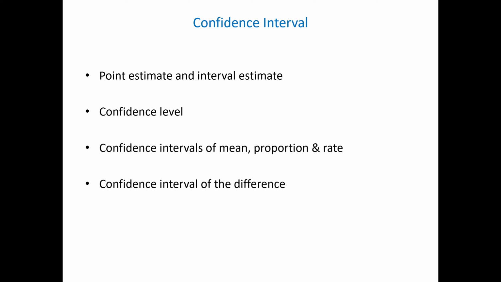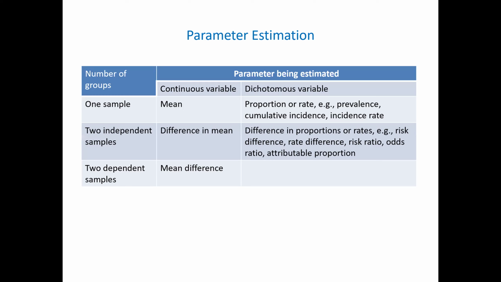So you can calculate the confidence interval of the difference. For this study we have done, we have gotten a difference of 10 between these two populations. That's from the samples. But in the population, the difference will be a range between this and this. So you can calculate the confidence interval of the difference.